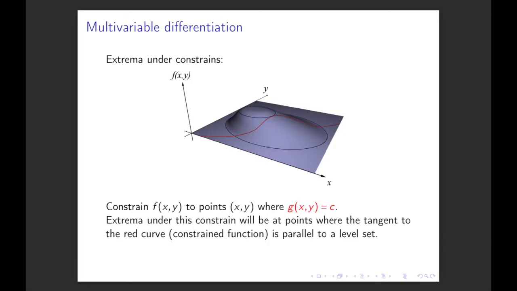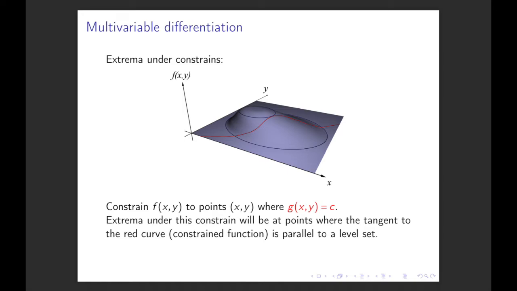One slide on extrema under constraints, which is not exam relevant, and I only want to tell you what the concept is because we're skipping that. So look at the function f of x, y, whose graph is this purple surface, and we constrain it to the points x, y that are given as g of x, y equals c.